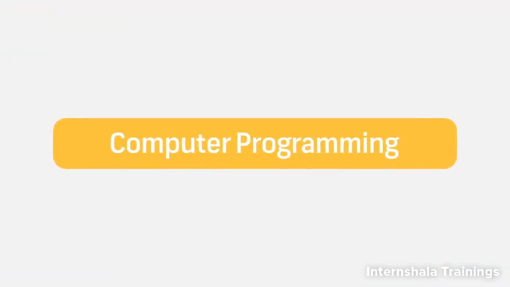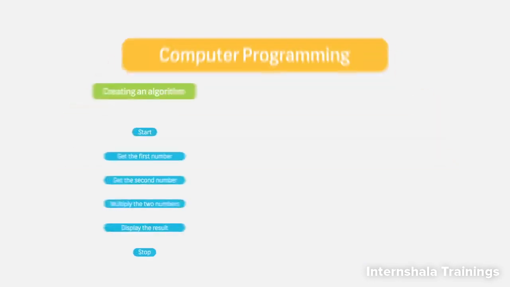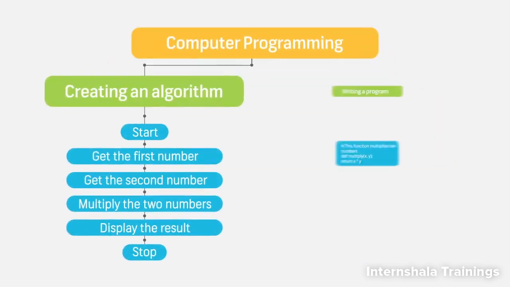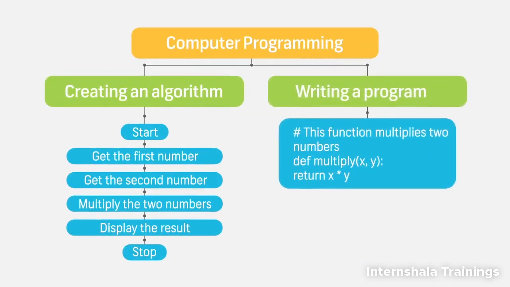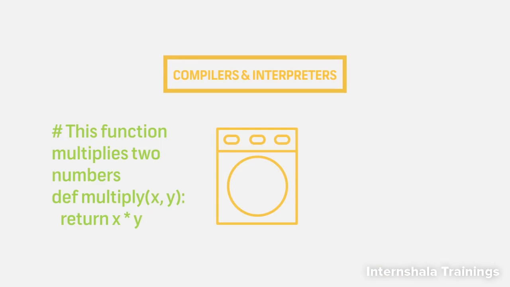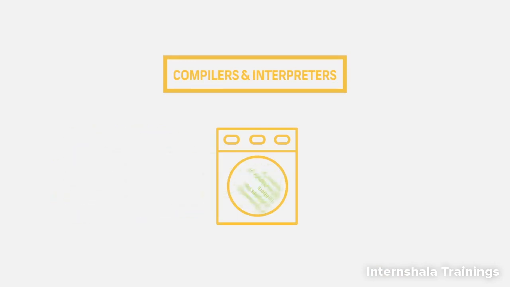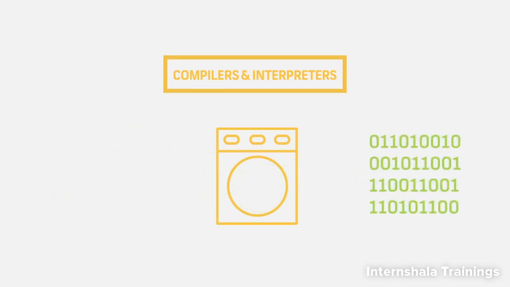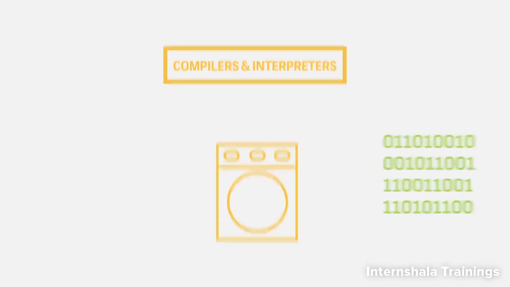Computer programming involves two basic steps: planning an algorithm for a task and writing a program based on the algorithm using a programming language. After a program is written, compilers and interpreters take over. Modern computer hardware works on the principle of Boolean algebra and is capable of executing statements in binary language, that is, zeros and ones.